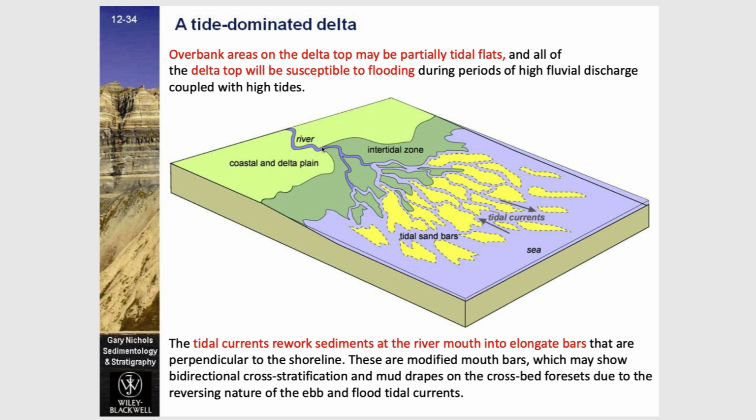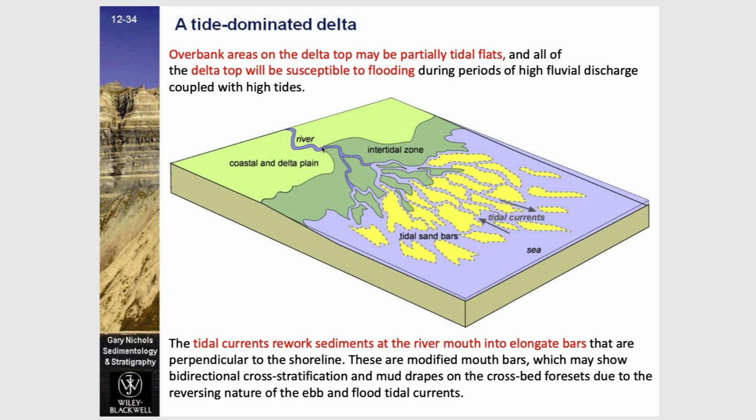So the delta top is often susceptible to flooding, which often causes the development of brackish waters, which tend to accumulate quite a bit of organic materials as well. So these are highly vegetated domains, especially in tropical regions.